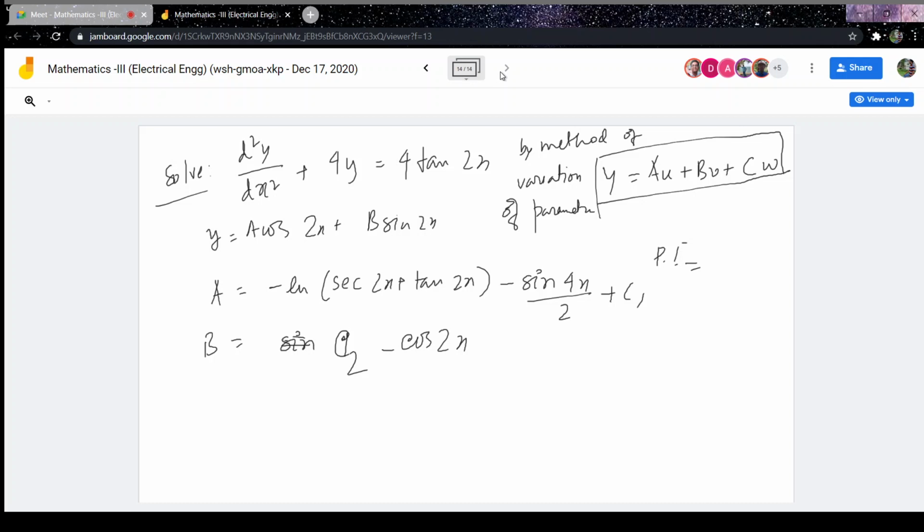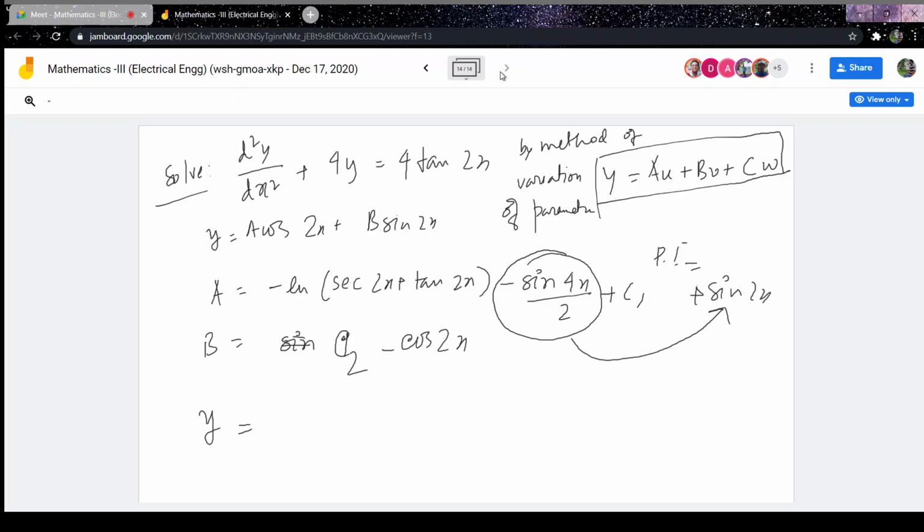I am saying the answer is plus sin 2x. Okay. So now you know your A and B. You will put this A into cos 2x, this B into sin 2x, and that will be your answer for a complete solution. Okay.